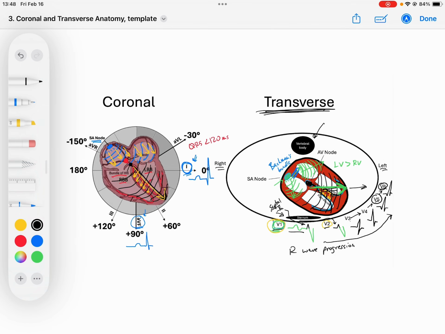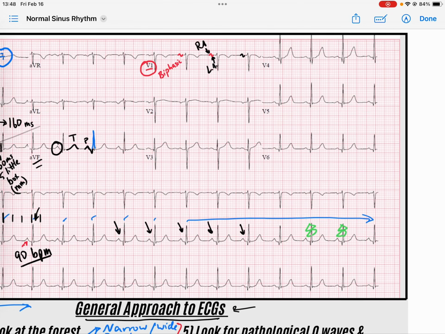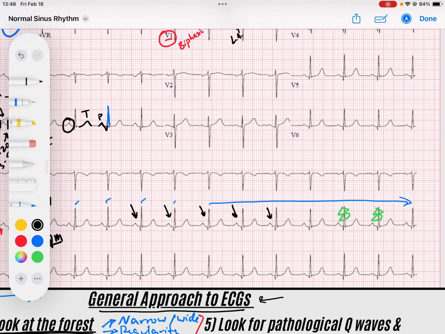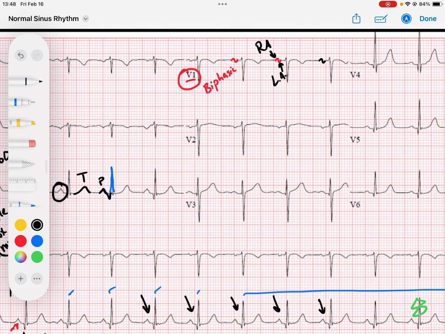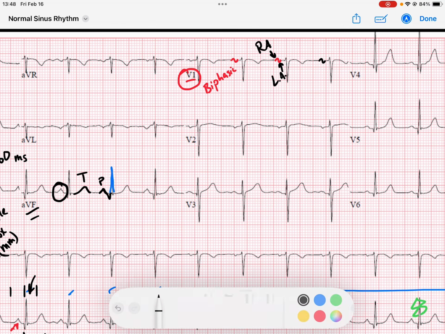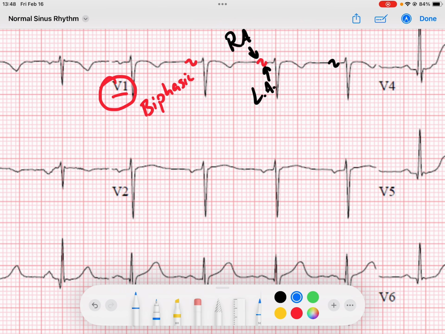And so that is why we see in our precordium, when I look at my QRS, that first, we mentioned that we will have a septal R wave in V1 and V2. And if you look closely, you can see in that QRS we've got a septal R wave. In V2, we've got our septal R wave.